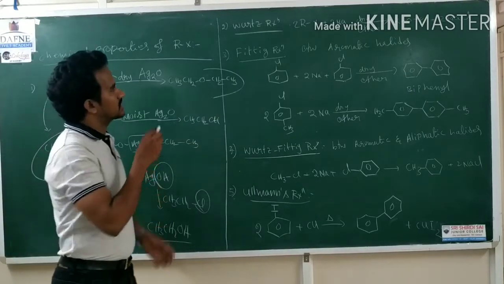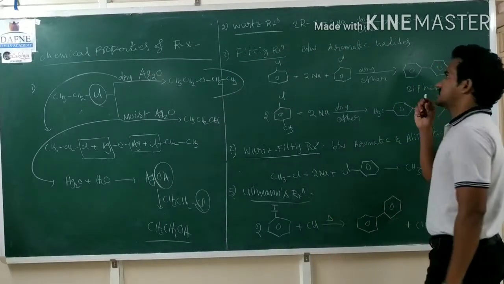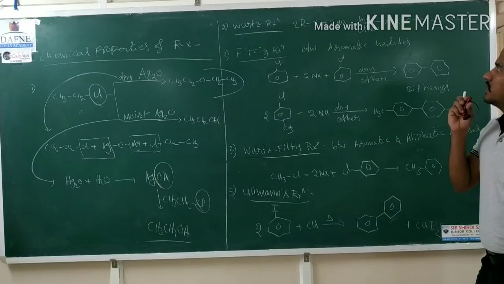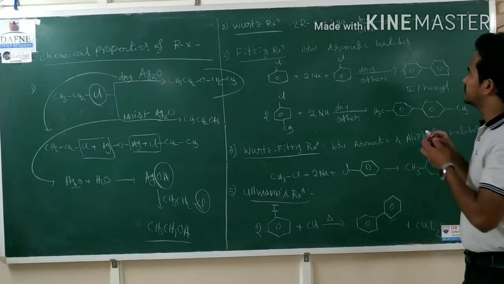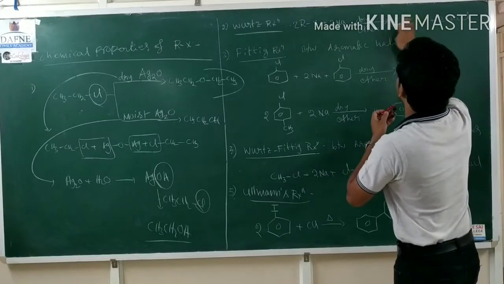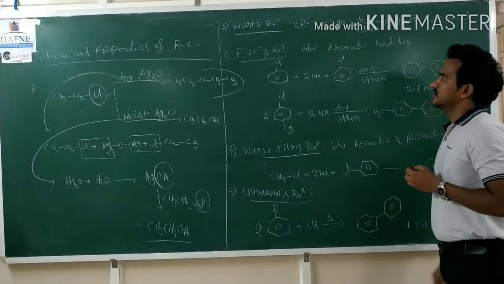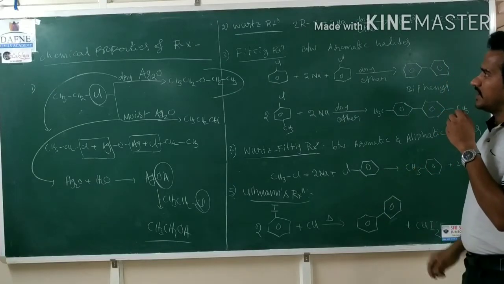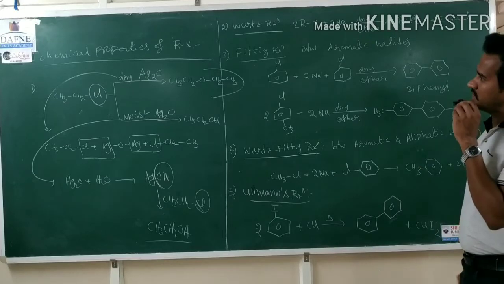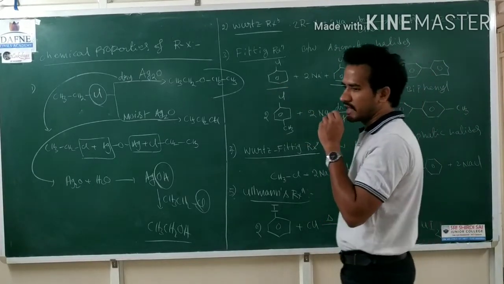And you know this reaction, that is the Wurtz reaction. Alkyl halides on heating with sodium in a dry solvent, you will get the alkanes. Now next, the Fittig reaction. It is also like the Wurtz reaction, but in this case only aryl halides are involved.